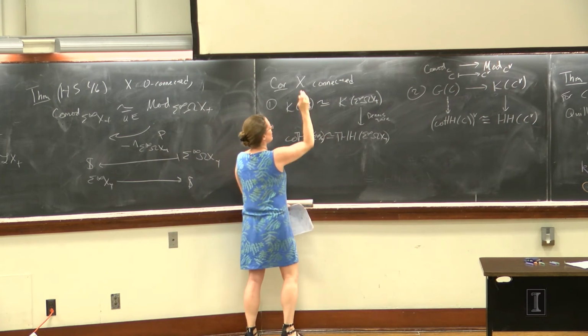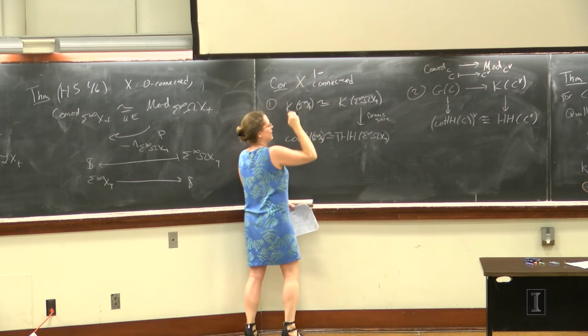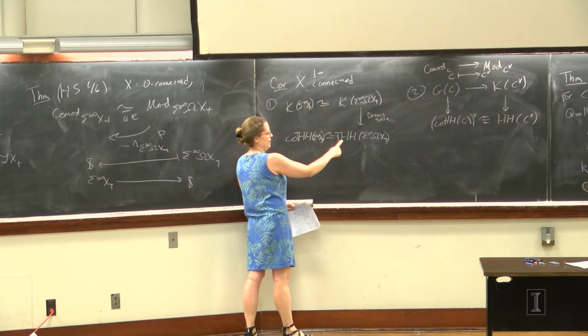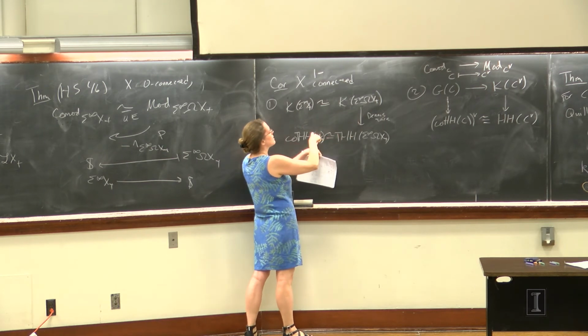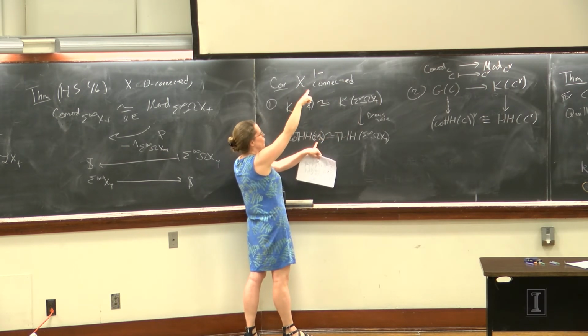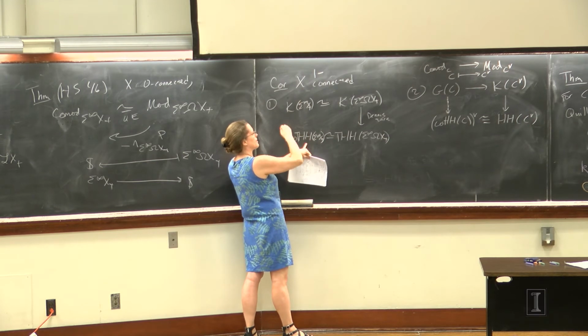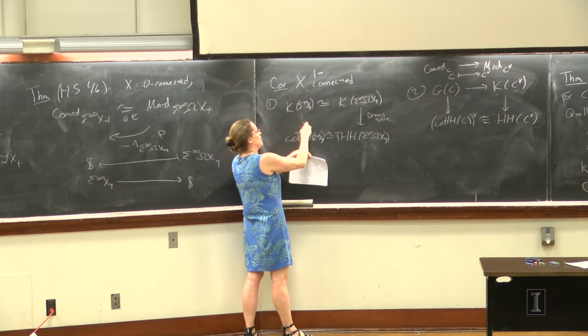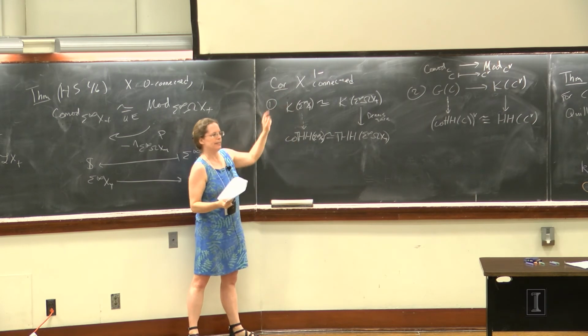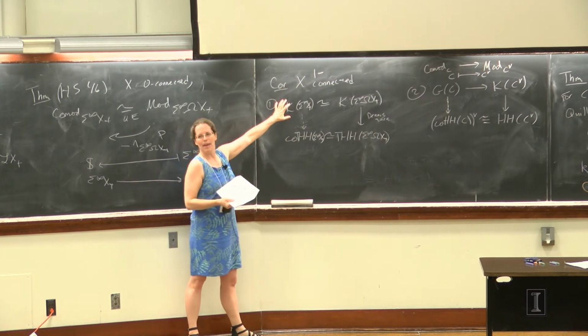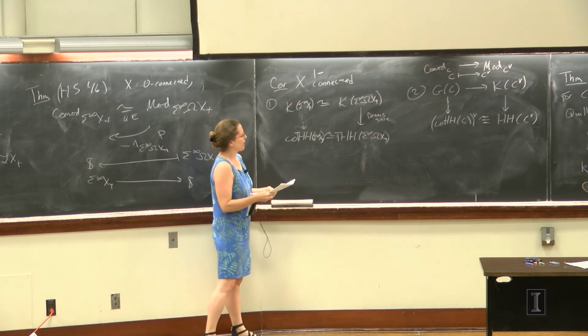Here, I need to take my space to be one connected in order for both of these objects to agree with the suspension spectrum of the free loop space. OK? So the trace map exists, and lands here for X a one connected space. And what we would hope is that, in fact, there is a trace map in the zero connected case. And that's something that's ongoing work.